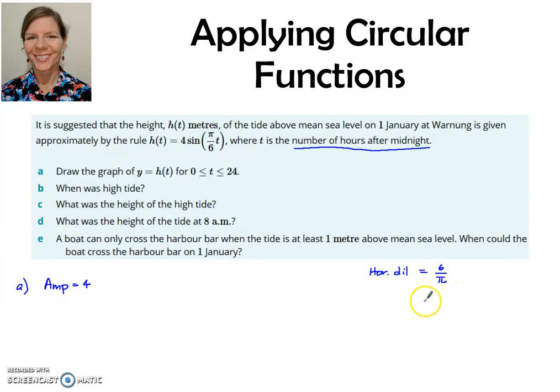So where the normal period of sine x is 2 pi, when we apply this, what you want to do is multiply those two together. So you get 6 over pi times 2 pi, the pi's cancel out, and you get 12.